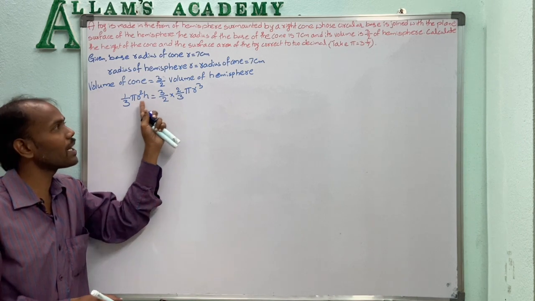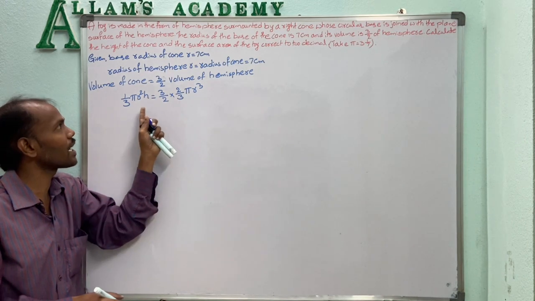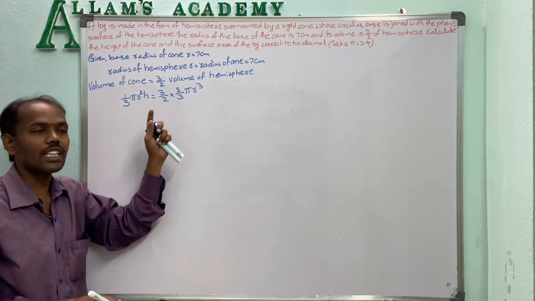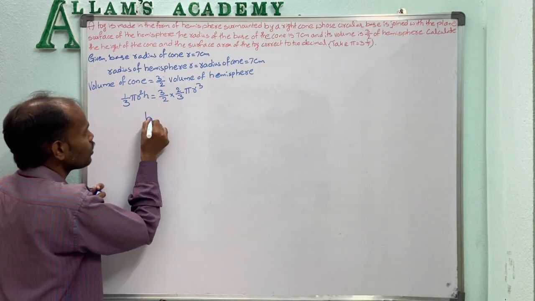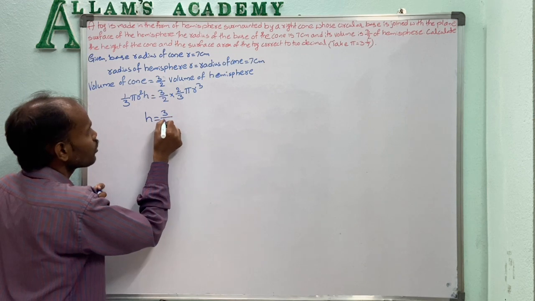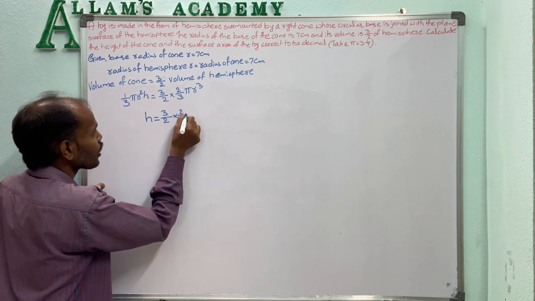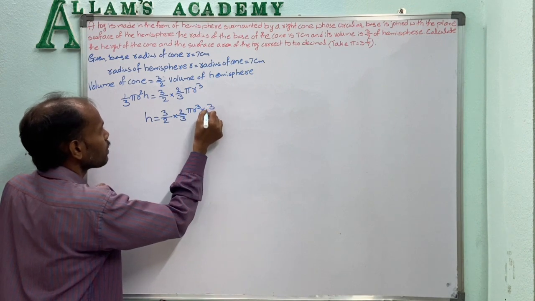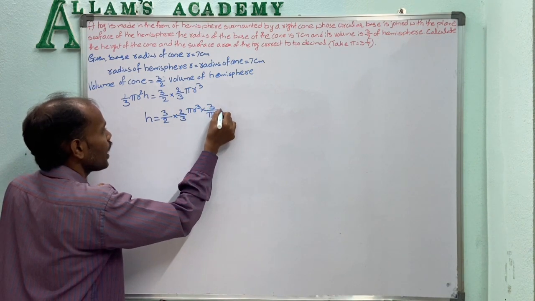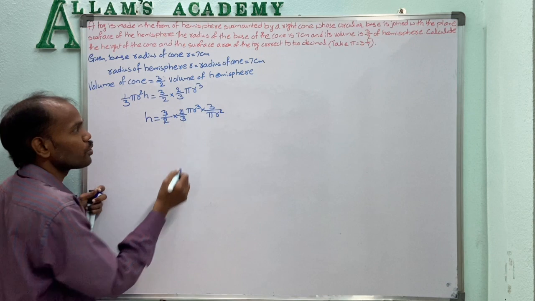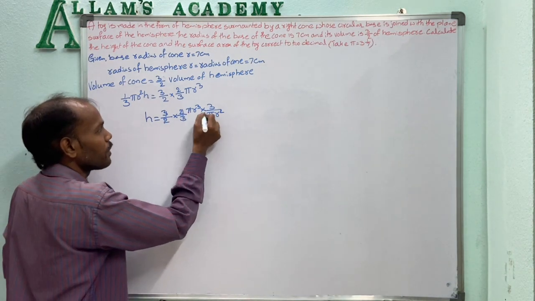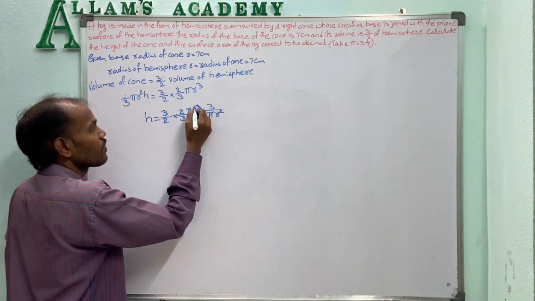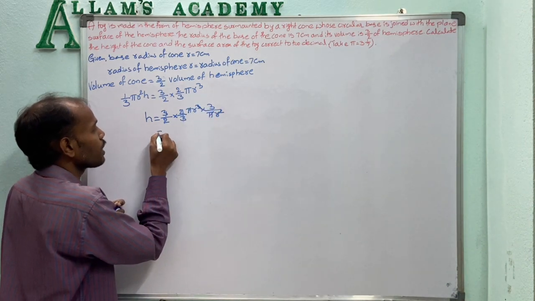So the denominator 3 is transferred as multiplication, and the multiplication of pi r square is transferred as division. So h equals 3 by 2 into 2 by 3 pi r cube into 3 by pi r square. So 3 by 2 and 2 by 3 get cancelled, pi gets cancelled, r cube by r square is cancelled, and r is the remainder.